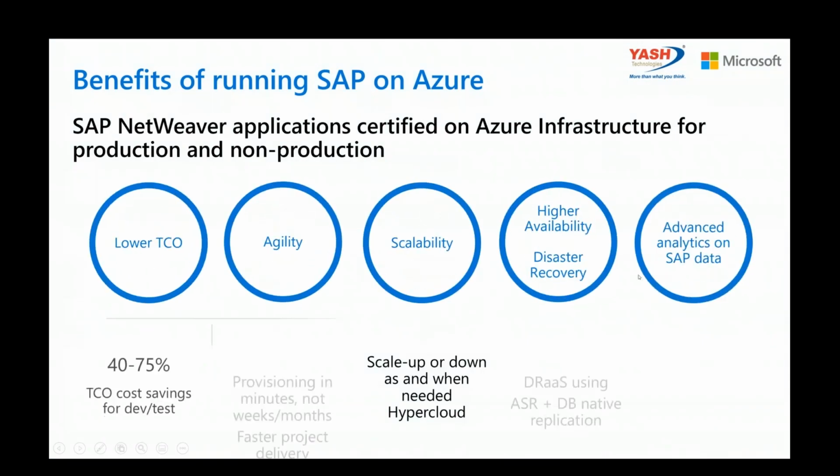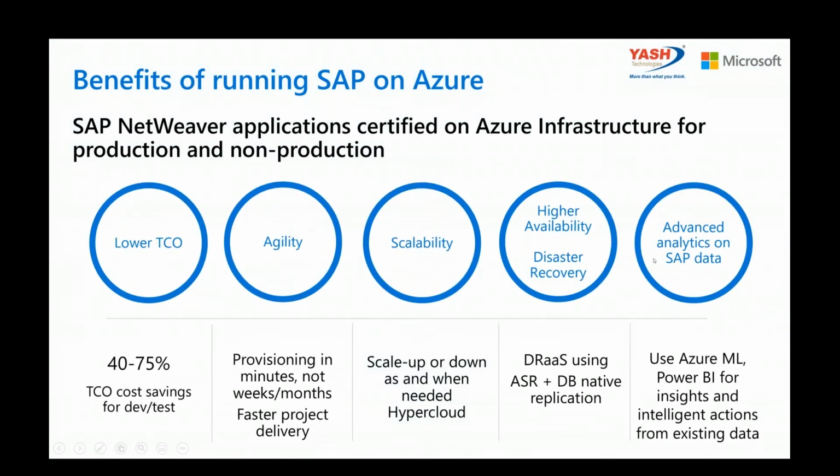So the most important part starts now. The key benefits of running SAP on Azure can be consolidated into 5 buckets. So lowering your total cost of ownership on your IT solutions, achieving greater agility in terms of provisioning new compute resources as required, resulting in faster project delivery.